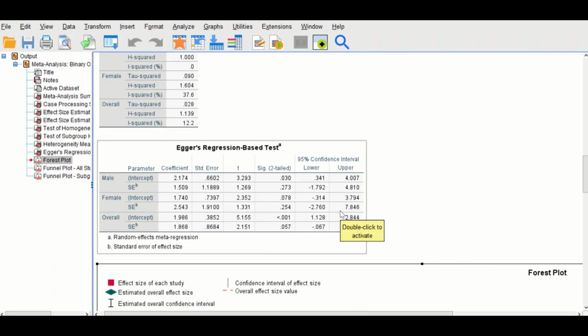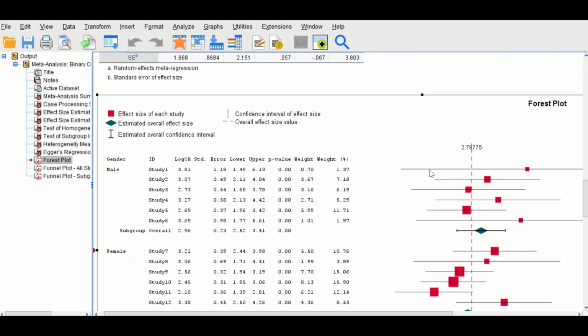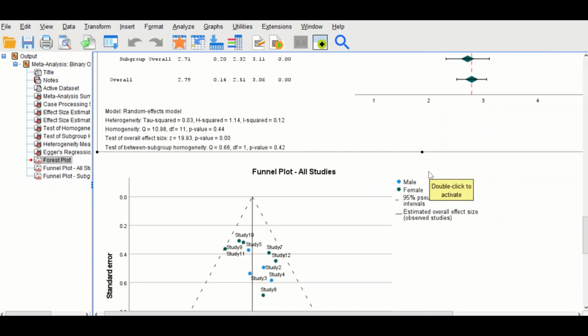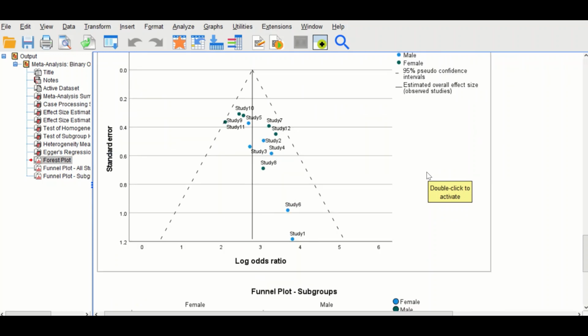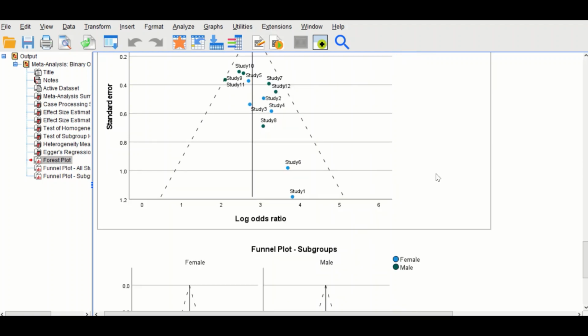So for publication bias, there are two ways of testing that, through the funnel plot and through Egger's regression test. So this is the way to perform subgroup meta-analysis in SPSS for a binary outcome based on the effect size, which is the odds ratio.